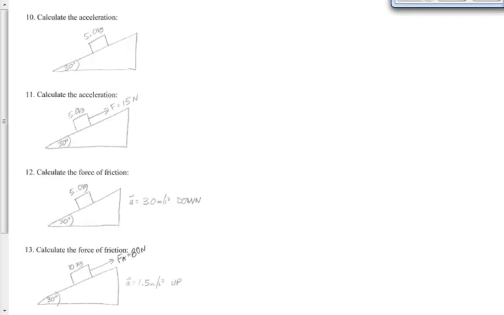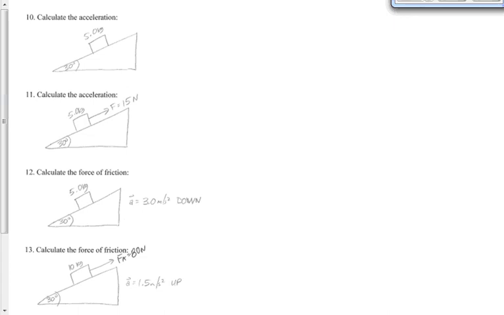Finally, we had 11 and 12 that we wanted to go over here. Both of these are what we in physics call inclined plane problems, but what we in everyday life would call hills. So we've got 2 hills here, both angled 30 degrees. That's good because 30 degrees makes the math a little bit easier. Both of them experience the following 2 forces.